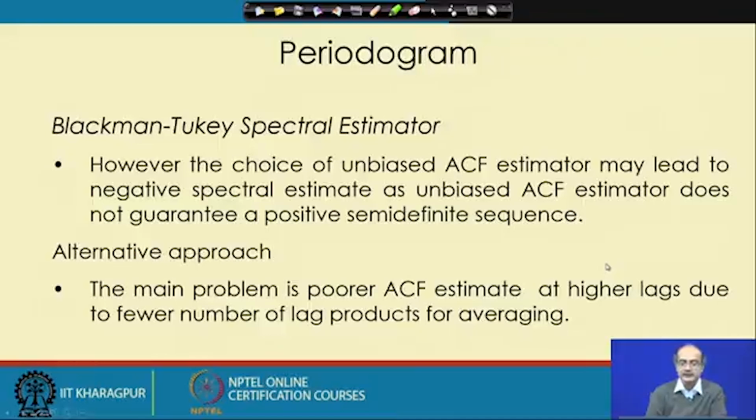What they suggested is that the main problem is in the poor ACF estimate at high lags, due to fewer number of lag products for averaging. The higher the value of lag, we have fewer terms for them, and we get more and more poor estimate of the ACF when we go for higher lag because of lack of averaging.